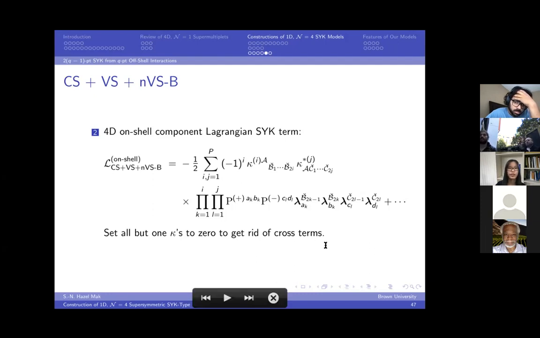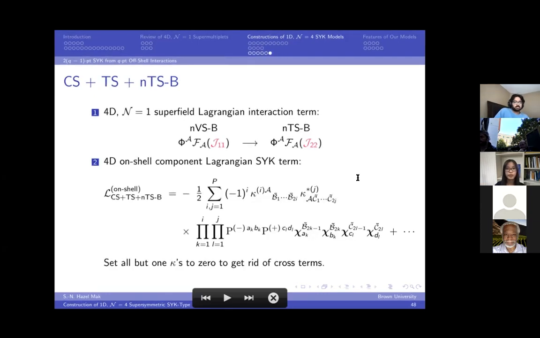But if you want to get back the traditional form of the SYK term, which only has the one diagonal term, then because all of these couplings are arbitrary, we can set all of them to 0 except one of them, so we eliminate all the cross terms. And then this is the SYK-type term.